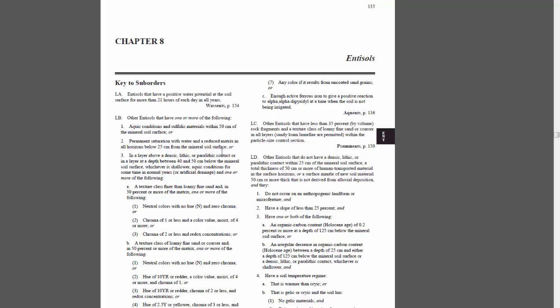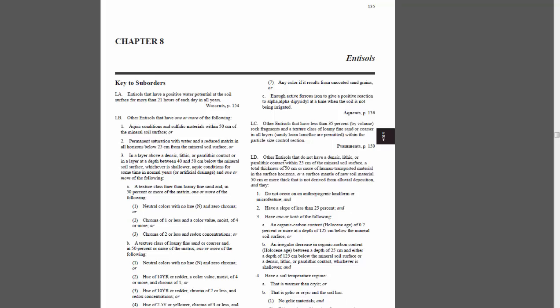Aquents are the ones that have saturated conditions, aquic conditions, or permanent saturation. You can read about that. Psamments are other Entisols that have less than 35% by volume rock fragments and a texture class of loamy fine sand or coarser in all layers. So this one is very sandy, and that's why we had those sand subclasses. We have to pay attention to those.